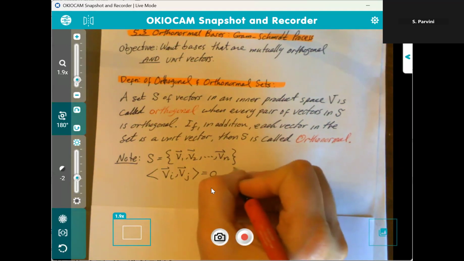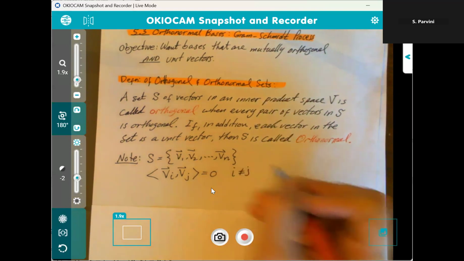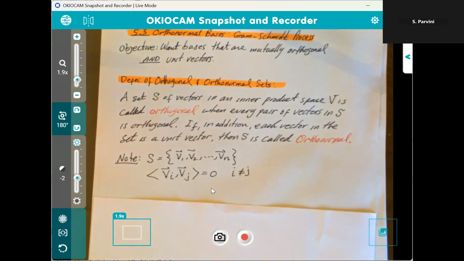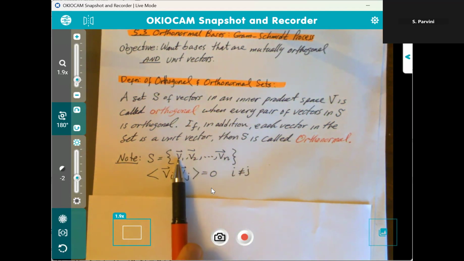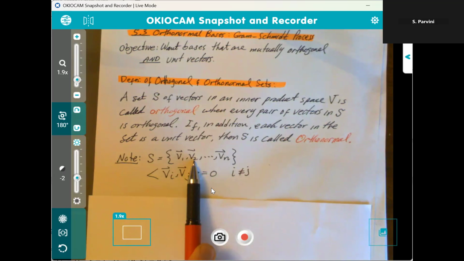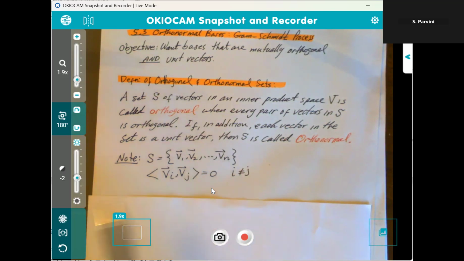And that's whenever i is different from j. It means two different vectors. That's all i different from j means. So remember here, i and j both go from 1 to n. So for example, v1, v2: i is 1, j is 2. So that's what we mean.